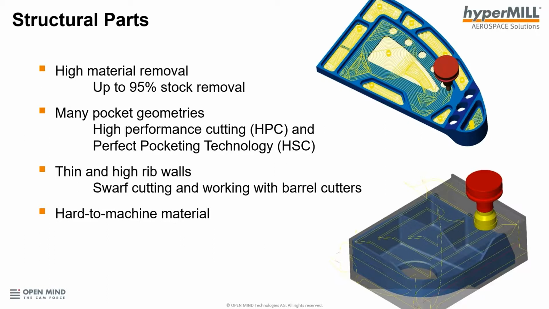The walls, of course, can be cut with swarf cutting, but there is a general trend where, because of weight, these fillet radiuses are getting ever smaller. So how do we machine those walls with very small radiuses? And as parts are merged together, the complexity of these parts is getting quite a challenge.